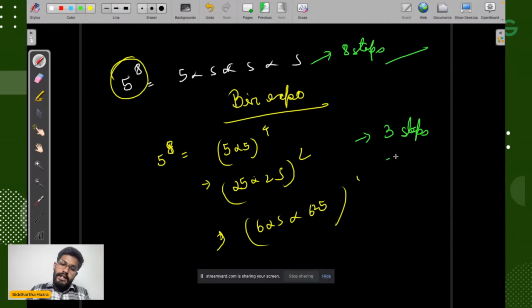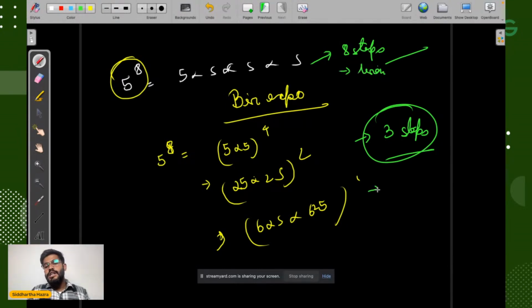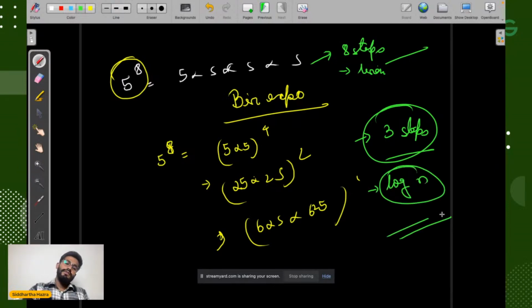So basically, the number of set bits would be the number of steps required. So instead of a linear value, we are just able to do log n. Okay. So 8 means 2 to the power 3. 0, 1, 2, 3. Number of set bits is 1, 2, 3.